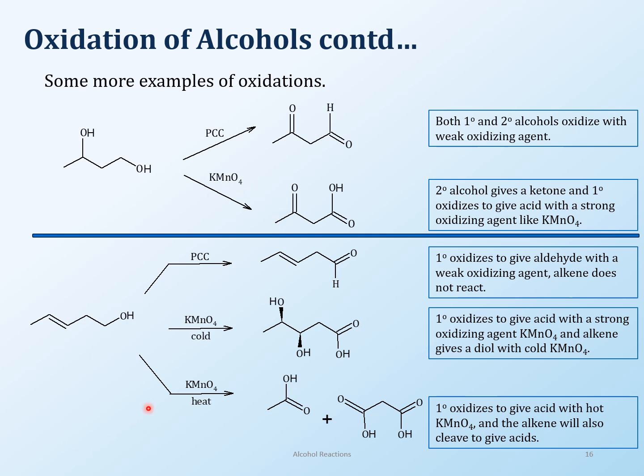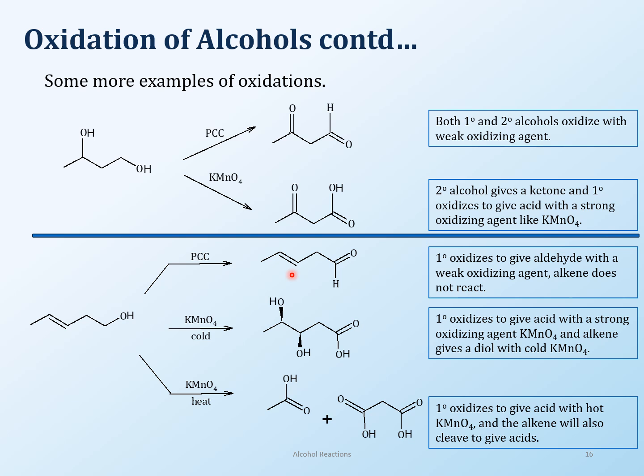Then here you also have some variety of oxidizing agents. I added a little bit of an interesting thing here. This is an alkene, because alkenes also react with KMnO4, and I don't want you to forget that. If you have this kind of alcohol with an alkene also in there, and you treat that with PCC, which is the weak oxidizing agent, you get an aldehyde.